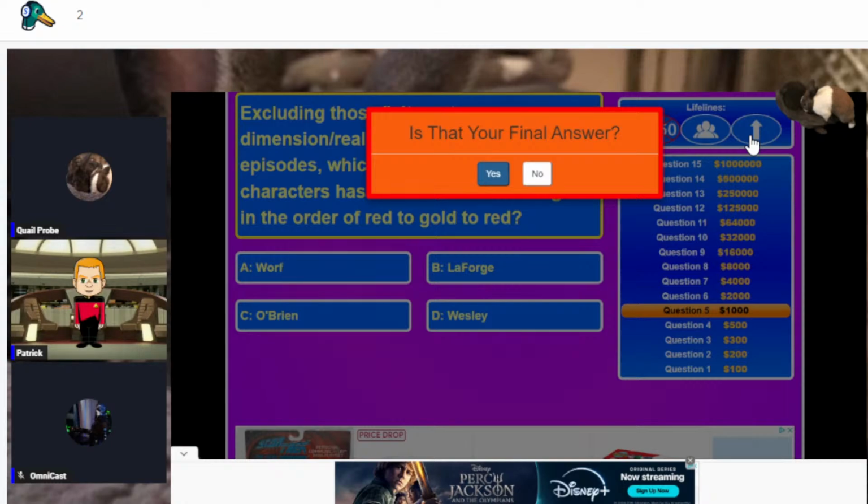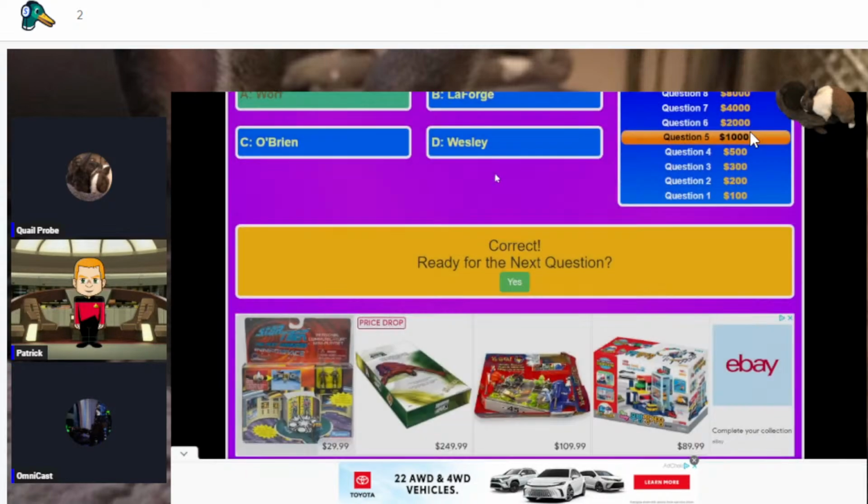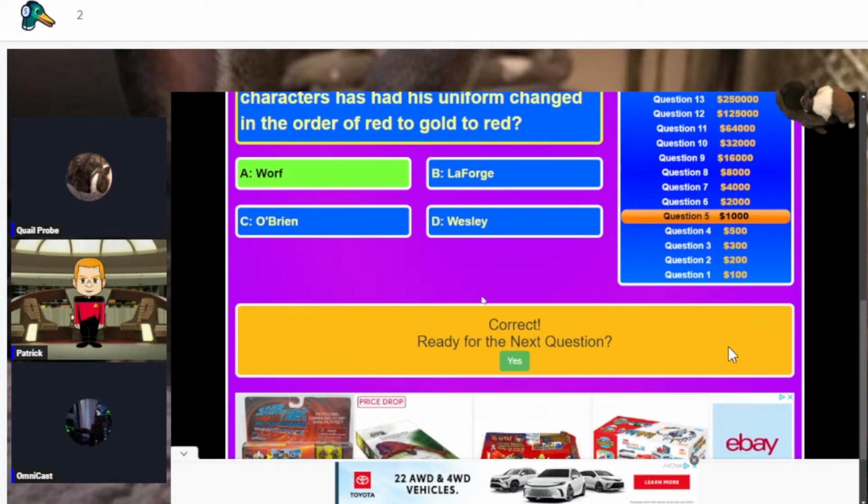He never started in red. LaForge maybe has had red, but only in alternate timelines. Wesley didn't start in red or gold, because he started as an acting ensign. Worf was red, then yellow because of the change over to security when Tasha died, and then back to red on DS9. So yes, Worf. Final answer. It is correct.